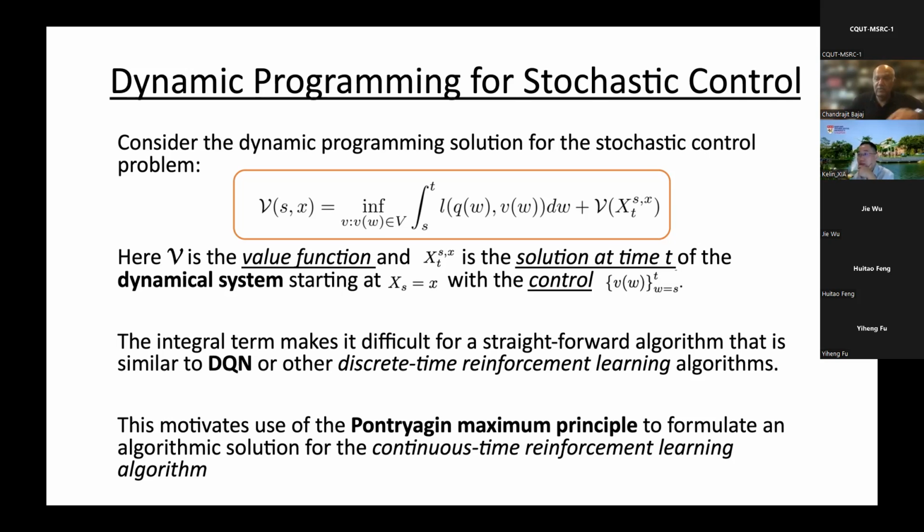You have many choices of going along many steps, and you're trying to find the optimal way to go up without knowing the steps to begin with, because the state space is so large you can't first build a map of the entire state space. So this is what motivated us to do two things: to use the Pontryagin maximum principle, as well as formulate an algorithmic solution for continuous time reinforcement learning and not just discrete time.